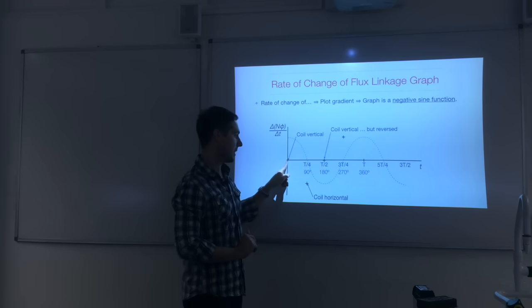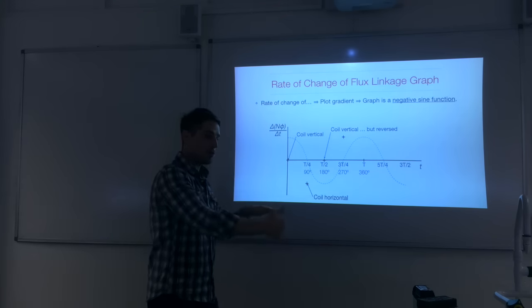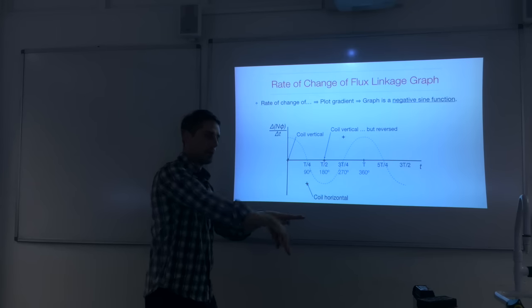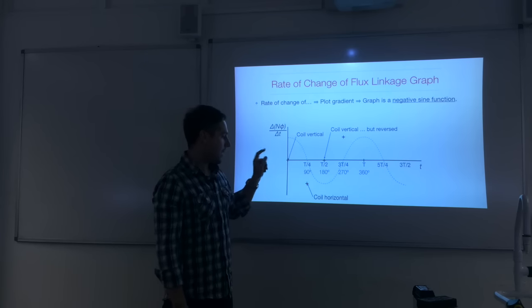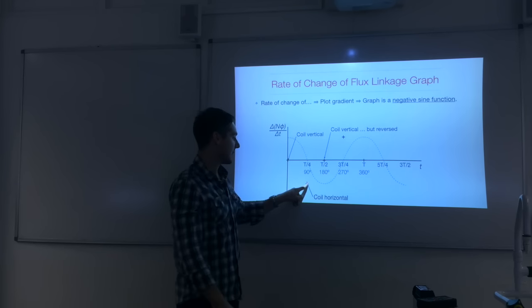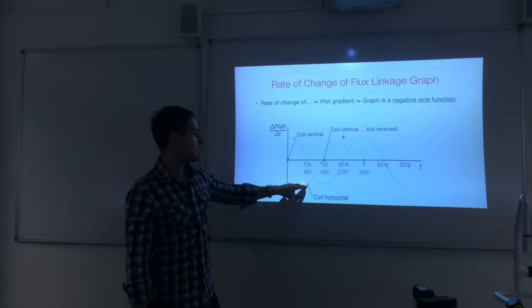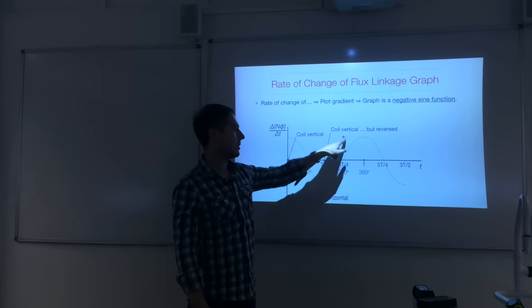It's not cutting any field lines there. When the coil is horizontal, however, the top of the coil is moving down, so it's cutting through those field lines, right across those field lines. So here it's going to be that maximum, because that's where the coil is horizontal.